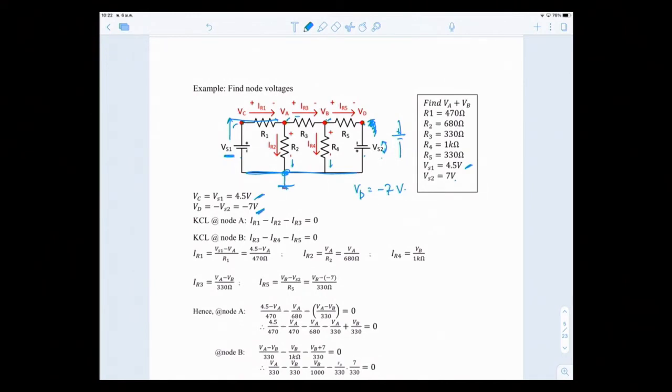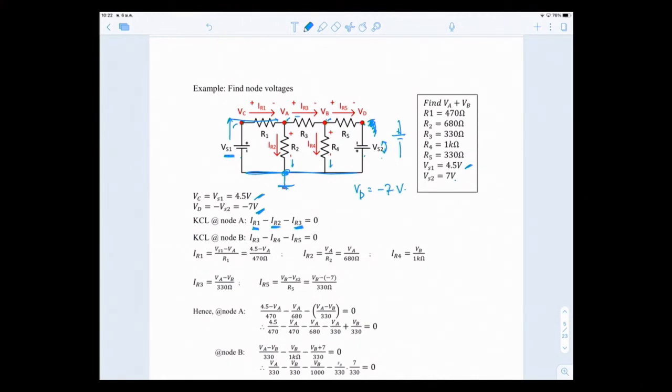Right now, the only unknown node voltages are VA and VB, so we're going to solve for VA and VB. We have to write KCL at node A. IR1 is going in, positive; IR2 is leaving, so minus IR2; IR3 is also leaving node A, so minus IR3, equal to 0.